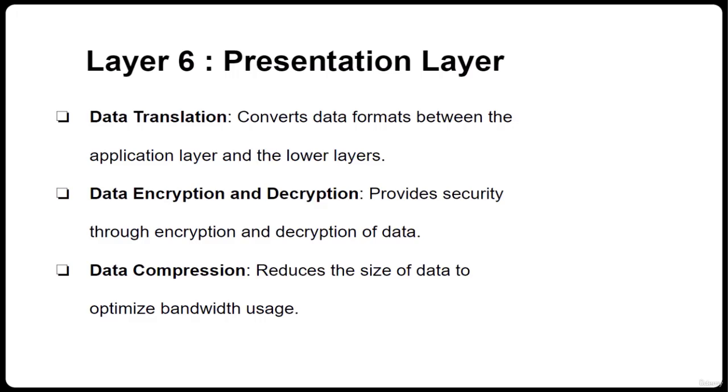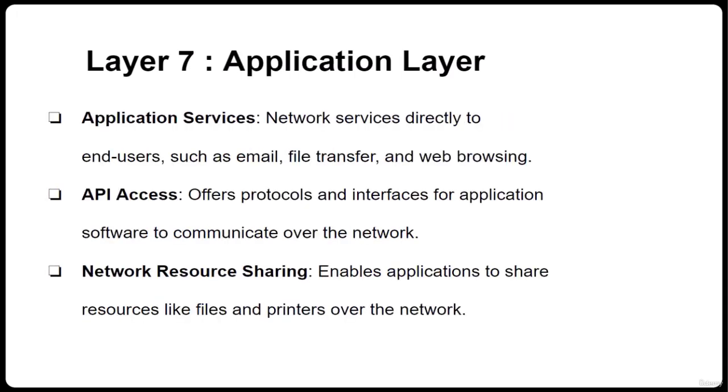We also perform encryption and decryption of our data at the presentation layer, OSI Layer 6. And finally, OSI Layer 7, the application layer, where we perform all of the network services using applications. This can be email, web browsing, and others. And the application layer will allow us to have network resource sharing, where multiple users on our network can access the same application environment.